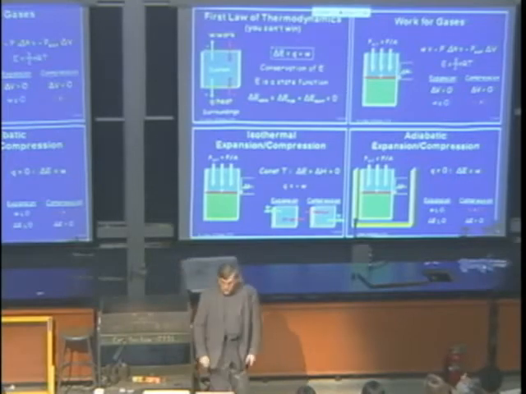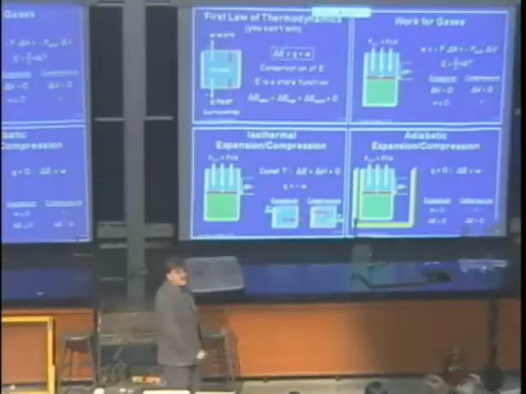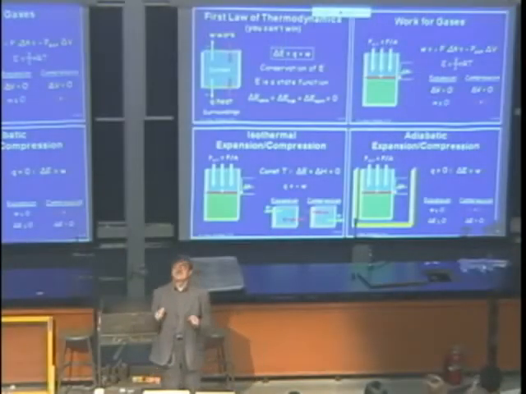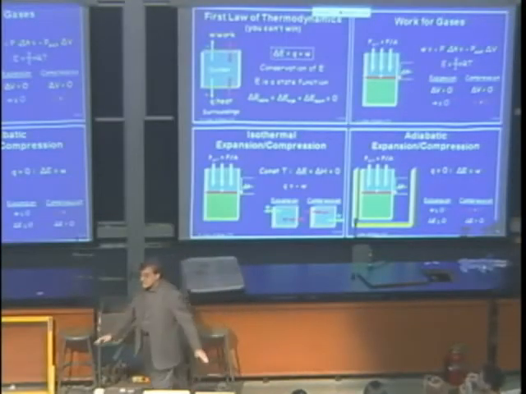Now, if you compress the system from outside, what happens to the energy? Goes up, exactly. That's this case. And the reverse, if the system does work, what happens to the energy? The energy goes down because we don't allow exchange of heat.